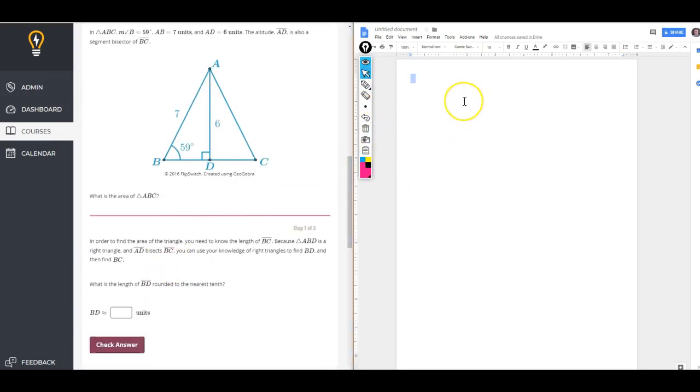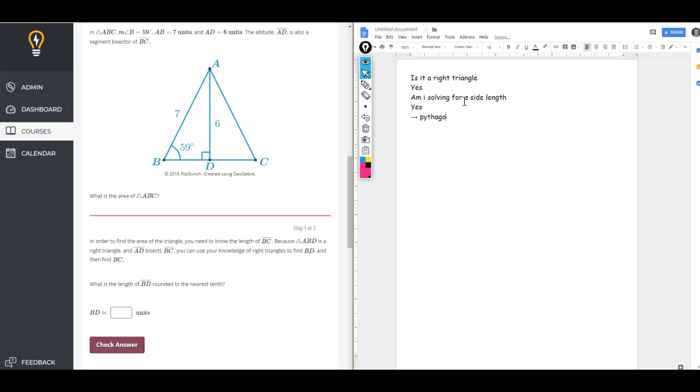So I always start myself in a triangle situation. Is it a right triangle? If the answer is yes, and am I solving for a side length? If that answer is a yes, then we have two options.